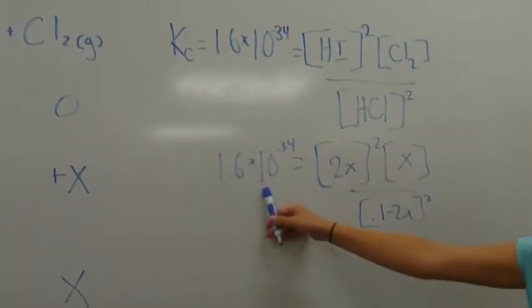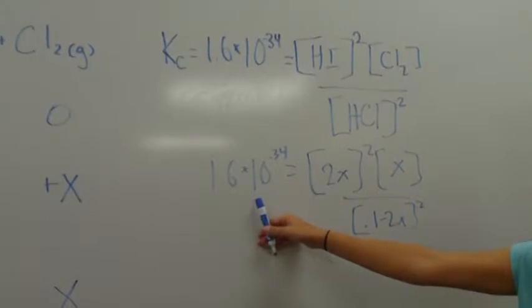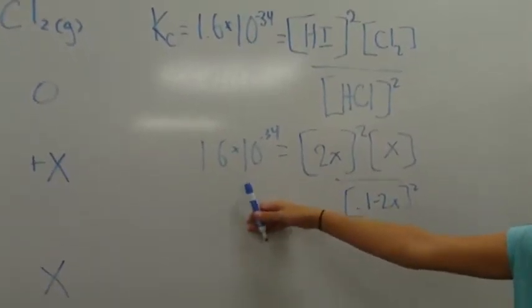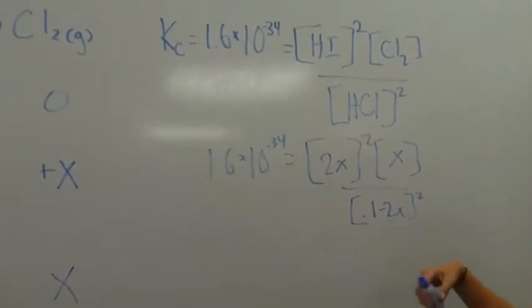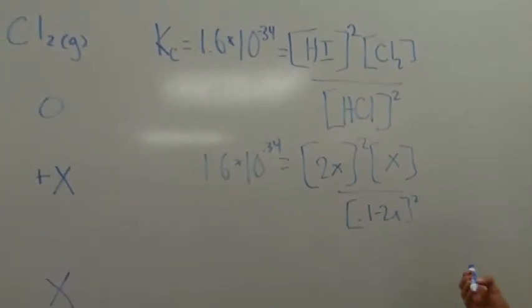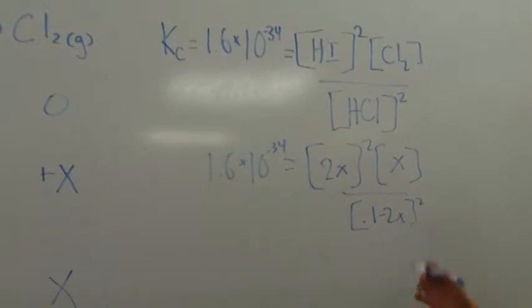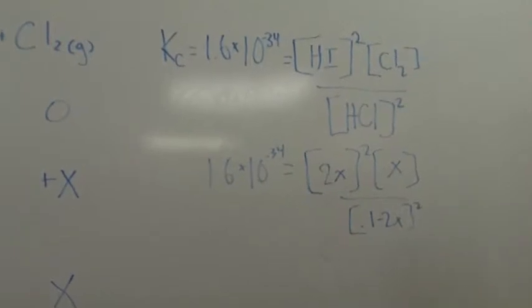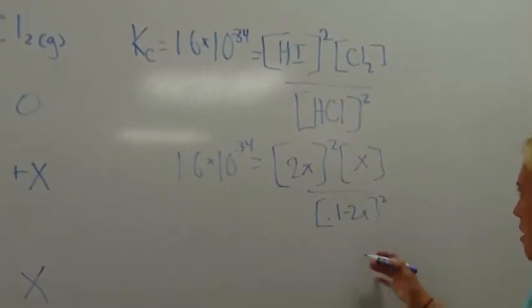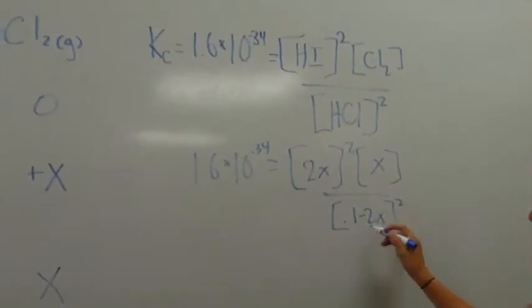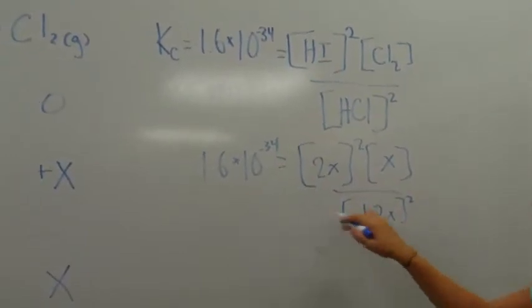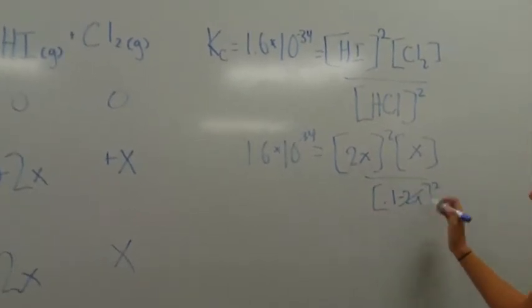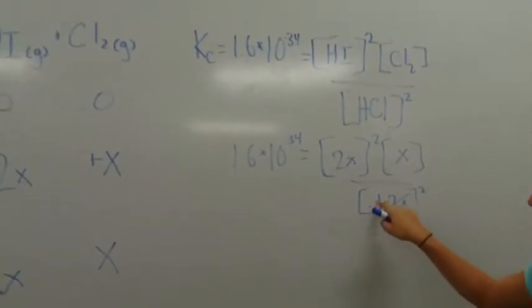Now, because our constant is so small, the change is going to be so small that we can just disregard the change to the initial one here. We can act like this is negligible because it's such a small number that it's not going to affect 0.1.